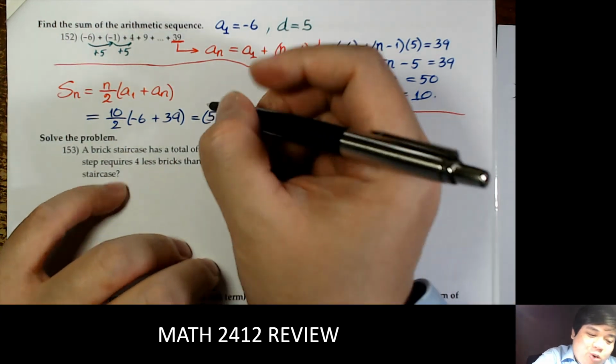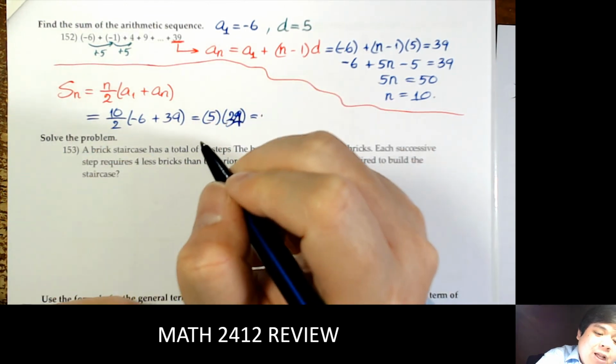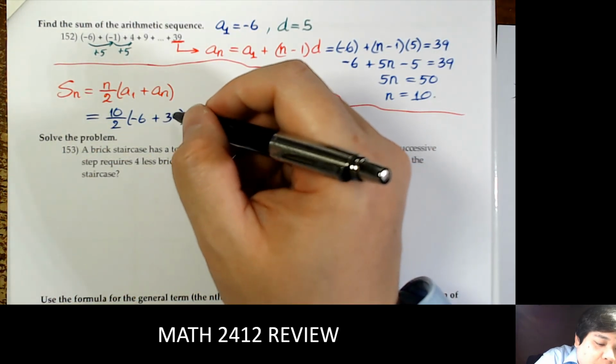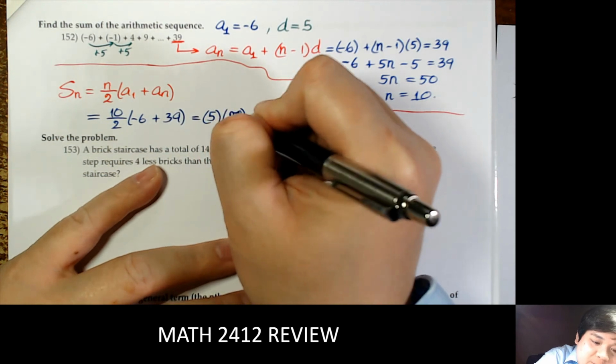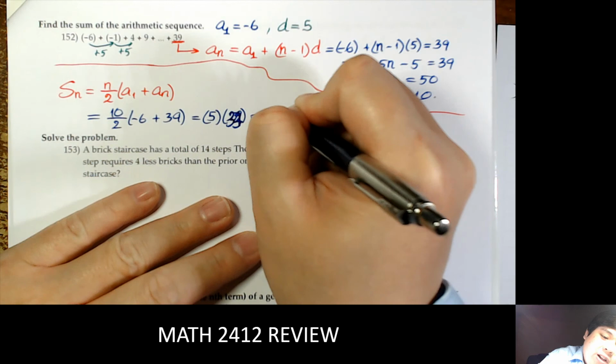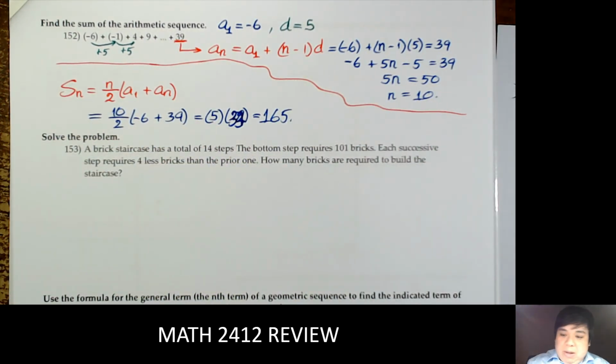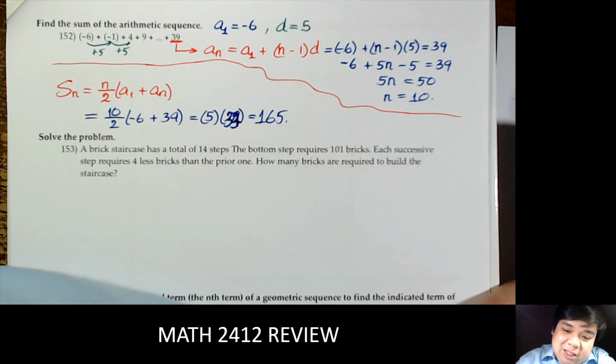Sorry, it's not 29, it's 33. 5 times 33 is 165. Right, it should be 33, sorry. Just simple arithmetic for arithmetic sequence.